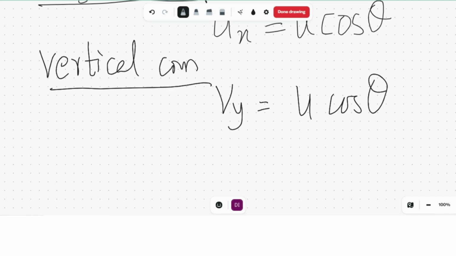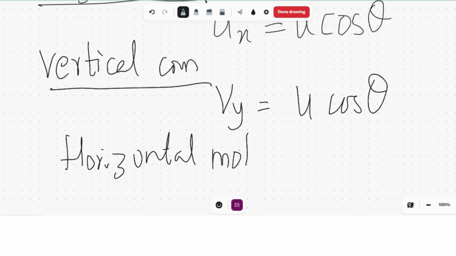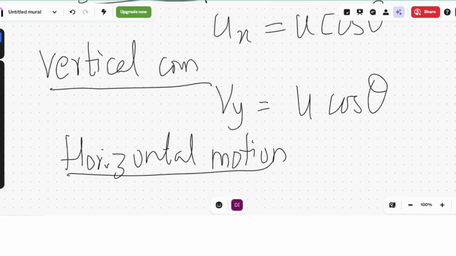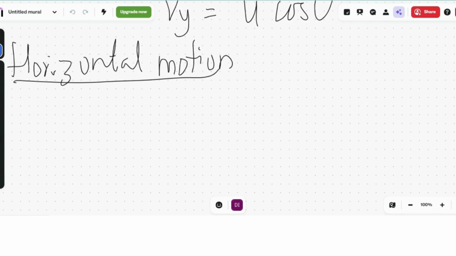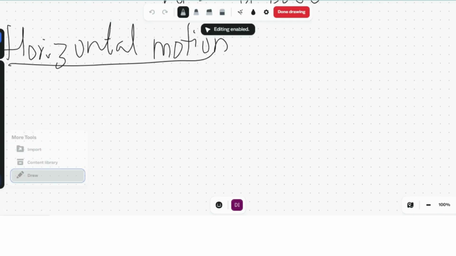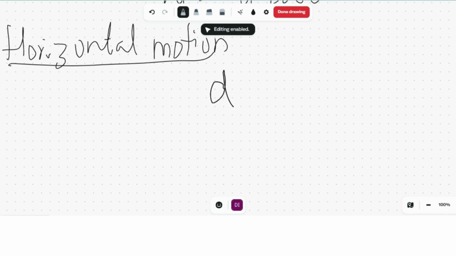We can also find horizontal motion through this formula, that is d is equal to ux, that we have calculated above, times time.